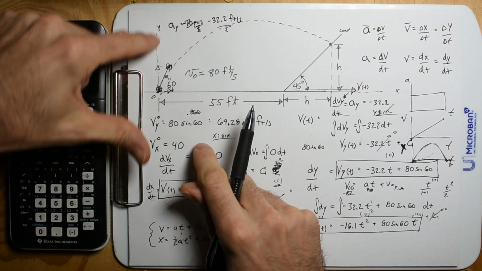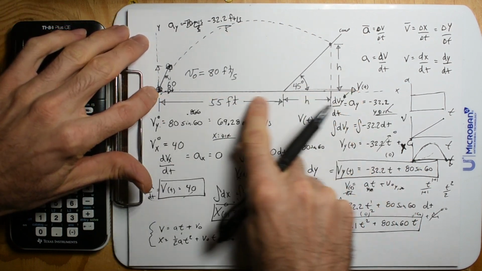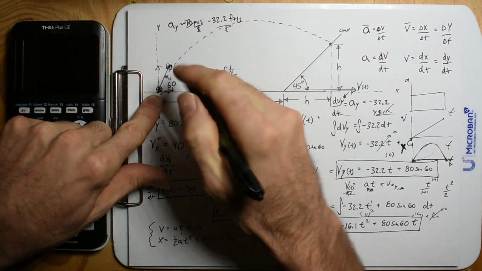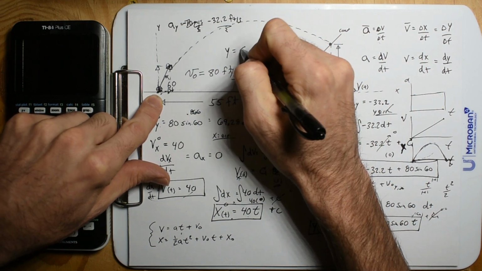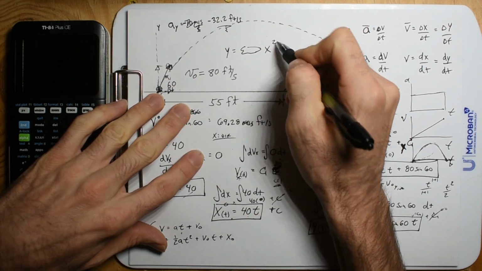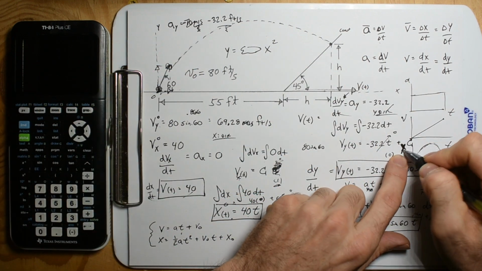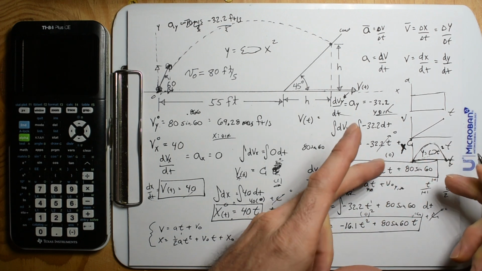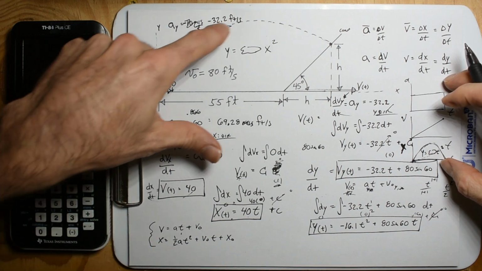If I have height as my y-axis, and the length of the field as my x-axis, traditionally the path you would see of the football into the stands would be y is some sort of function of x. You know, y is equal to something something x, and it's probably going to be something something x squared. Where this equation right here is y is equal to something something t squared. So that's why this isn't a complete picture of what the football is doing.